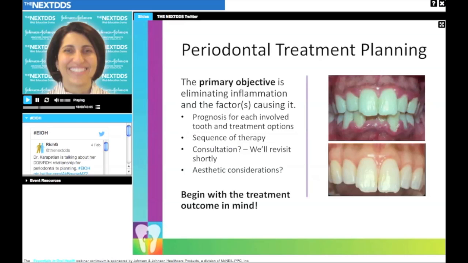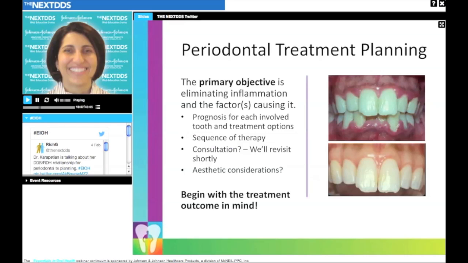Are we going to do regeneration therapy or extraction and preparation for implant placement? And when we come up with our different treatment options, we need to determine what is the prognosis for each option. What is going to be in the patient's best interest? What is the treatment that's going to give us the most predictable outcome and the most successful outcome?